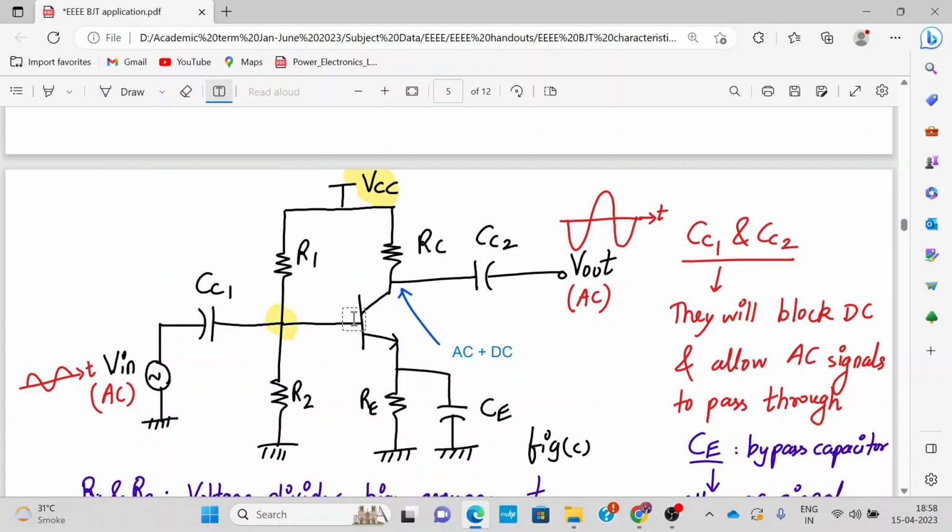Those small fluctuations in the base current will be amplified when it reaches the collector terminal, because IC is beta times IB. When this current is made to flow through a resistor, that is RC, those small fluctuations will be converted into larger fluctuations in IC, and IC into RC will produce a voltage, and that's how it works as a voltage amplifier.